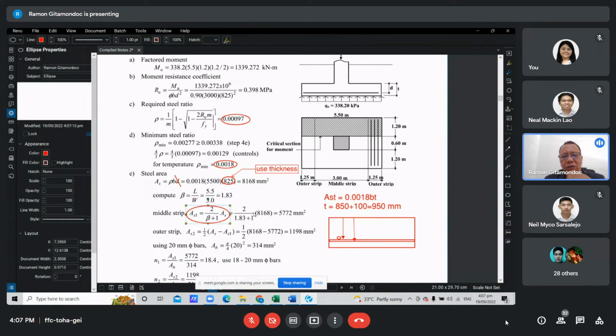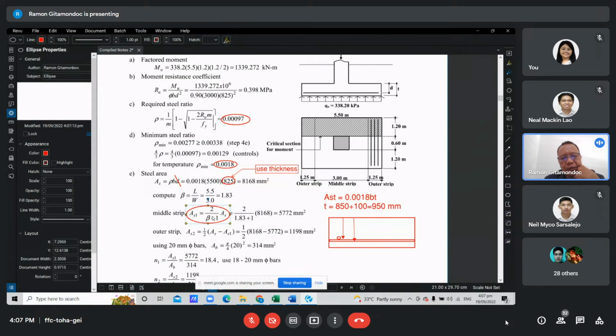AS1 is the amount of steel reinforcement to be placed in the middle strip. It is in a proportion of 2 over beta plus 1 multiplied by the total area required. Beta is the aspect ratio, the ratio of the long side to the short side of the footing.